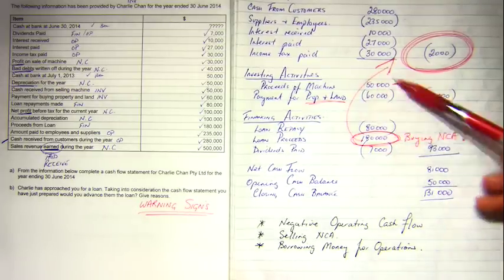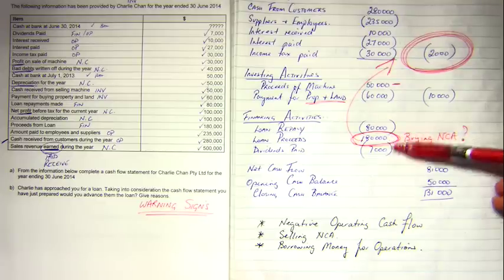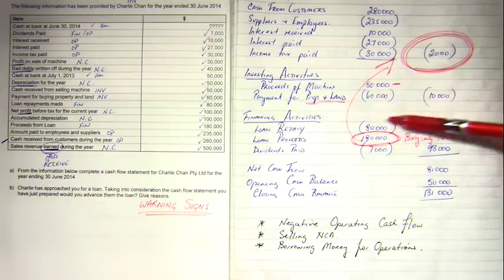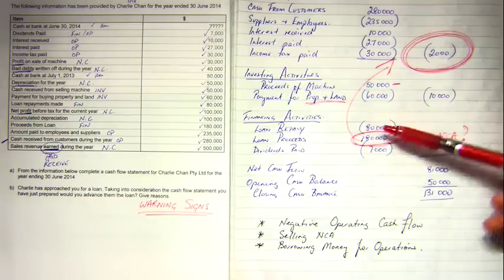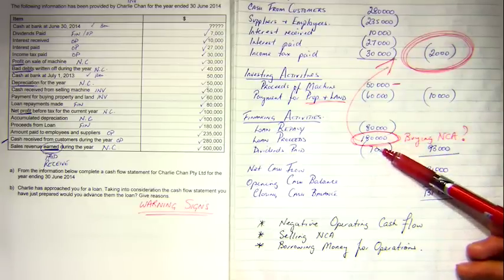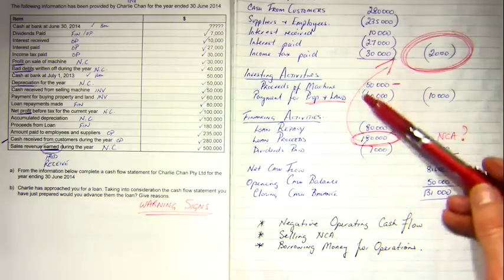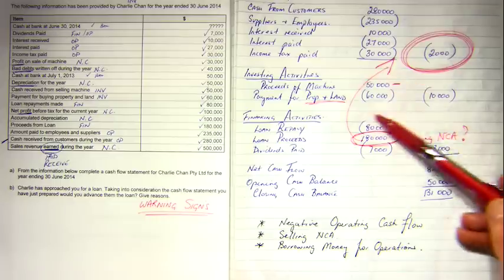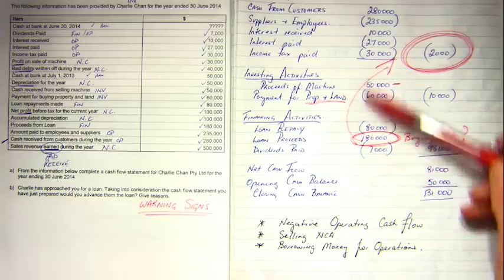Now, the easy way to work that out is what am I buying here? From my financing activities, you should be used to purchase my investing activities. If I've got a big borrowing in my financing activities, I should have a big inflow here, there should be a big outflow here for some sort of asset.